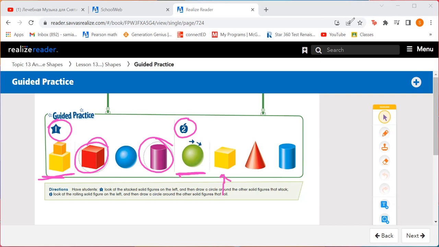No, a cube does not roll. So we're not going to circle that. Does this cone roll? Yes, so we are going to circle the cone. How about the cylinder? Yes, it has 2 flat sides, but it does roll. So we're going to circle it. Let's move on.